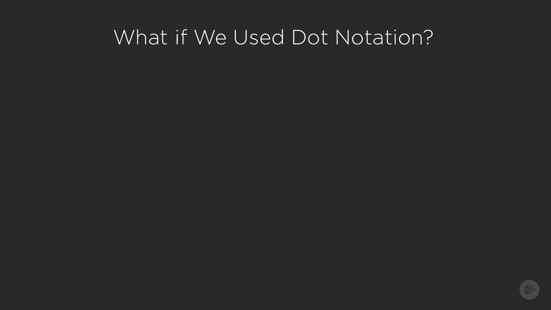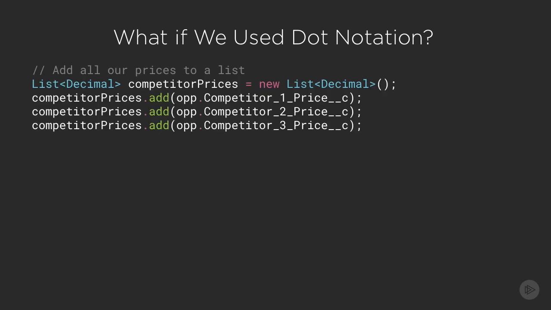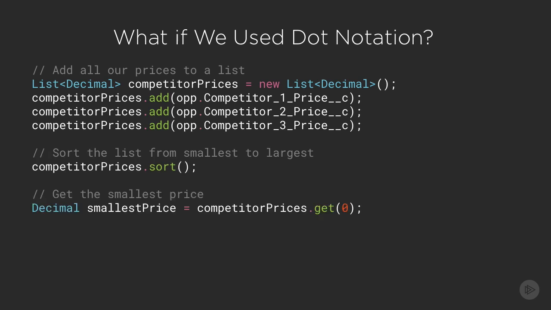First, we might use the dot notation sort method for lists to find the lowest competitor price. First, we'd add all our prices to a list, then we'd sort our list, and finally, we'd get the first value in our list to get our lowest competitor price. But we're not looking necessarily for the lowest price. We're looking for the competitor with the lowest price.